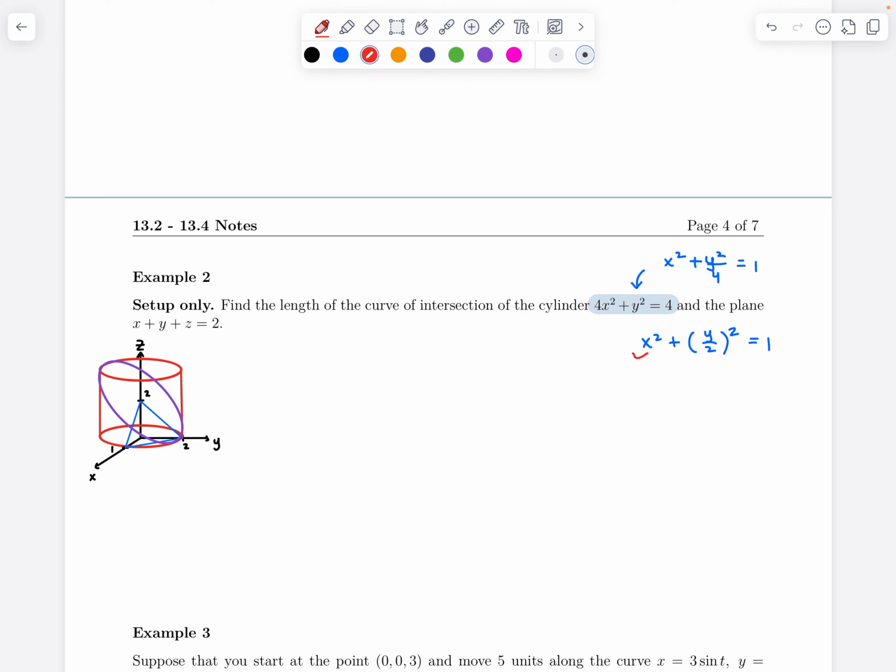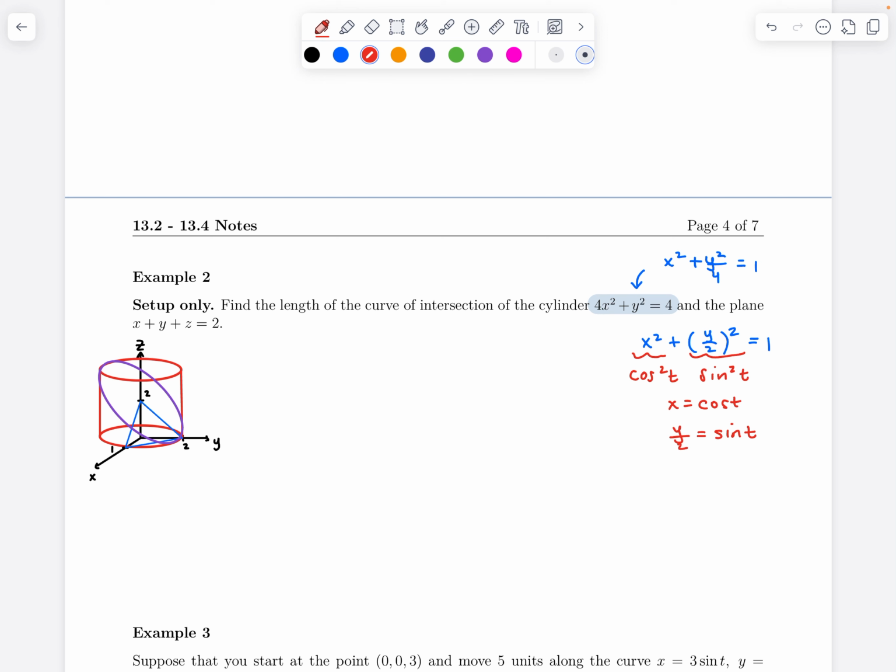And so if we take this term and think of it as cosine squared of t, then this term here should be sine squared of t. And that tells me that I don't want y to just straight up be equal to sine t. I want y over 2 to be equal to sine t. So this would say x equals cosine t, y over 2 equals sine t.